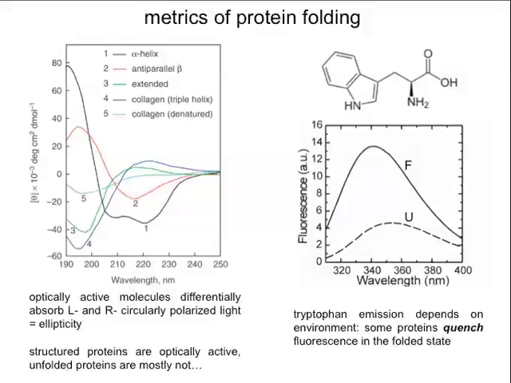There are plenty of examples in which a tryptophan is butted up against a sulfur atom or something like that in the folded state, buried in the core, but up against a methionine, for example. That will quench the fluorescence in the folded state, and we'll actually see an increase in the unfolded state. But the bottom line is that there's a change that we can observe.